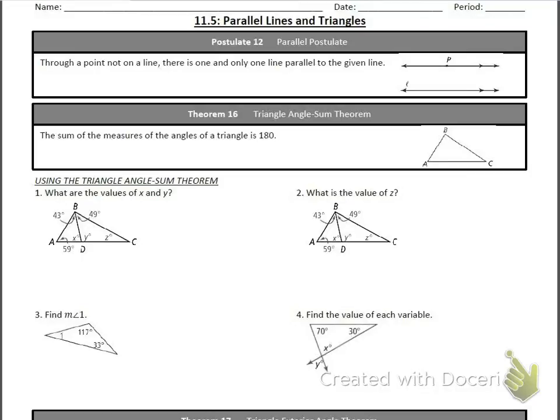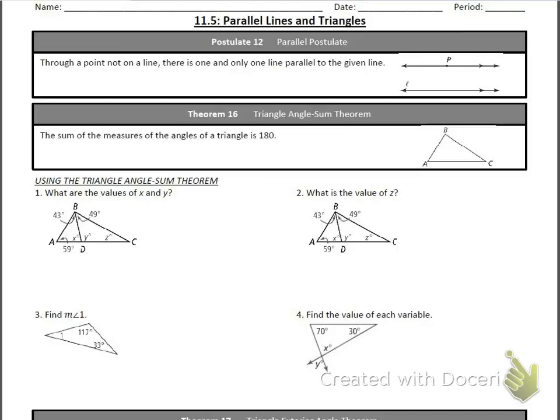So like I said, for 11.5, we're talking about parallel lines and how they relate to triangles. Postulate 12 is called the parallel postulate. It says that through a point not on a line, so if I have some random point hanging out, there is one and only one line parallel to the given line.